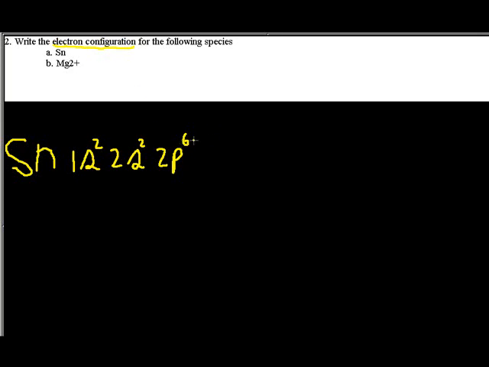Then where you go with it is you go with the 3s2, and I just use cursive for the s's because I avoid making mistakes in terms of what I interpret things to be. I would have 3p6.